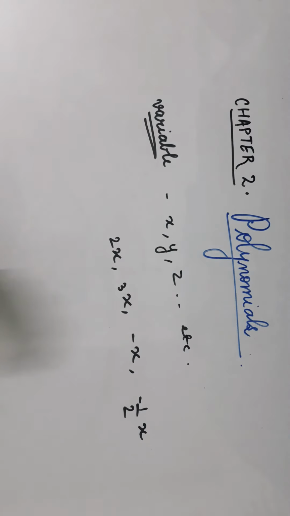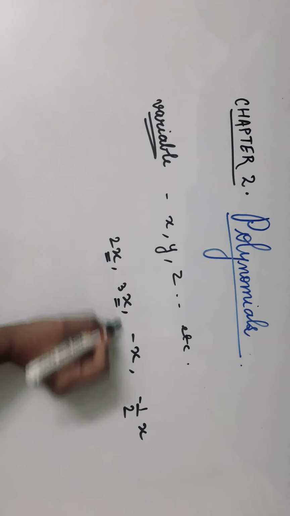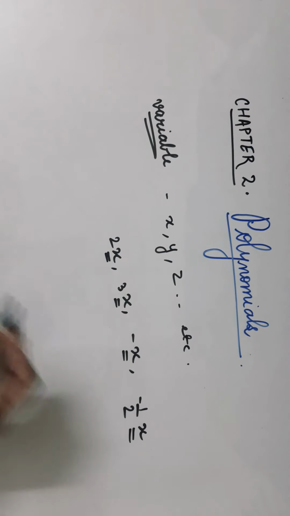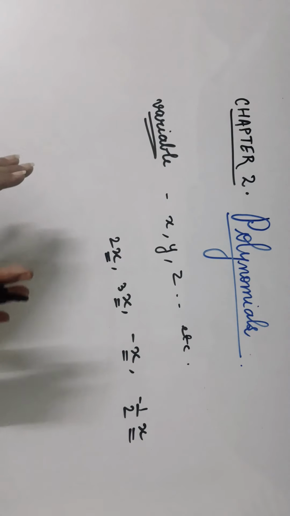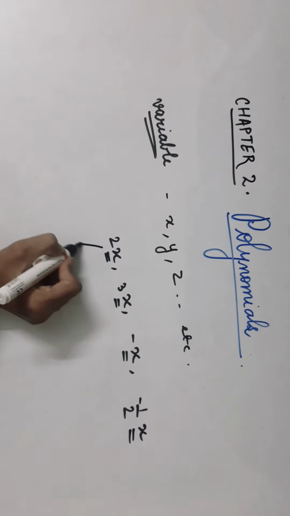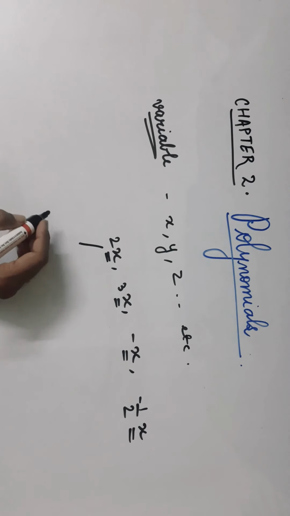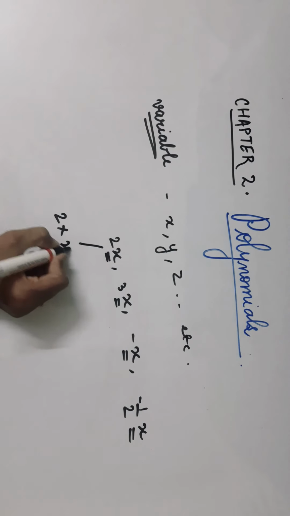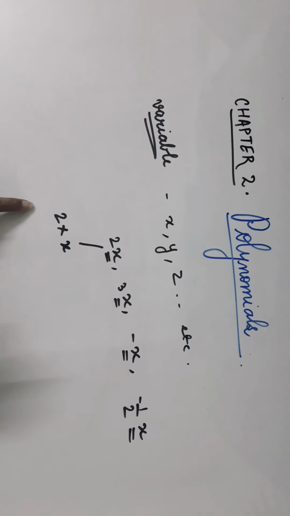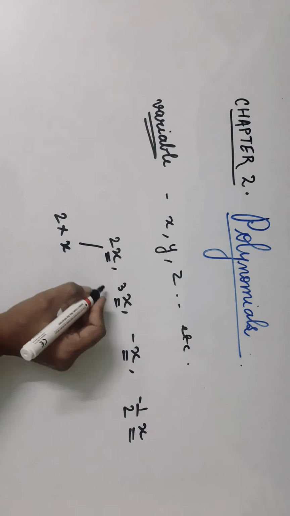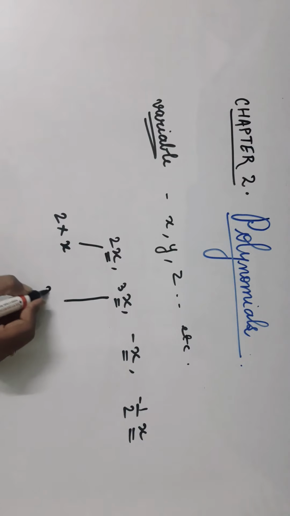Now, all these algebraic expressions are of the form where a constant is multiplied with a variable, right? Here x is a variable in all the expressions. That x is multiplied with some constant. In this case, x is multiplied with the constant 2. In this expression, x is multiplied with constant 3.